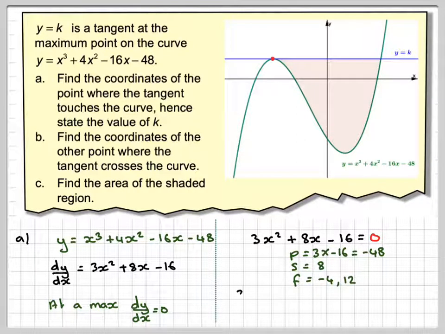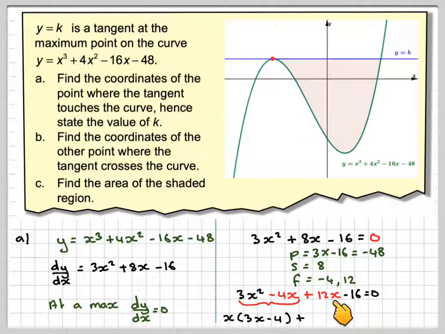So writing down the quadratic but splitting the middle term up into minus 4x plus 12x, we've still got the minus 16, and then factorise by what's known as grouping. So we group these two terms together, so we're just going to have x coming out as a common factor. That will give me 3x minus 4. Bring down the sign here, which is plus.